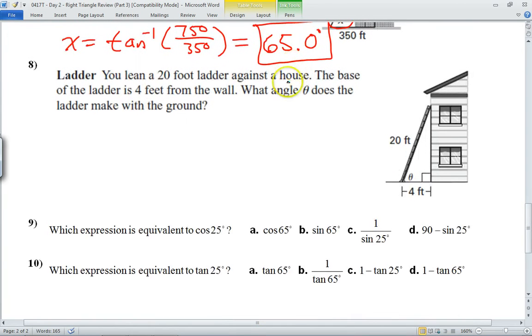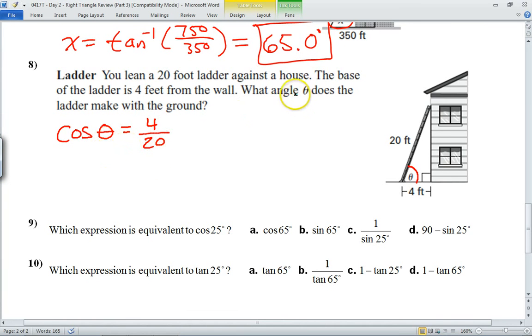Okay? Number 8 is practically the same thing. You lean a 20-foot ladder against the house. And, well, we have everything shown. We're supposed to find the measure of this angle. Let's see, we have adjacent and we have hypotenuse. So that's going to be cosine. So cosine of angle theta is going to equal adjacent over hypotenuse.